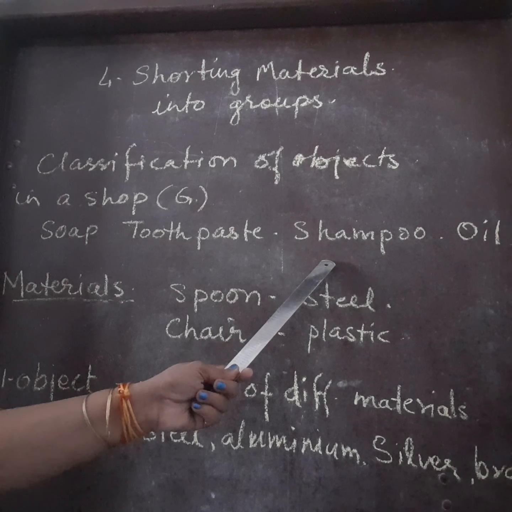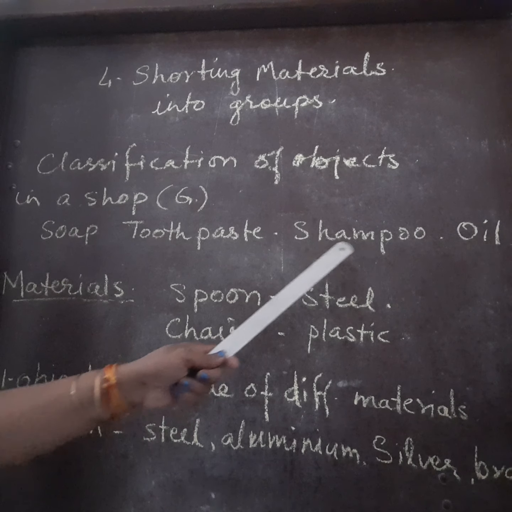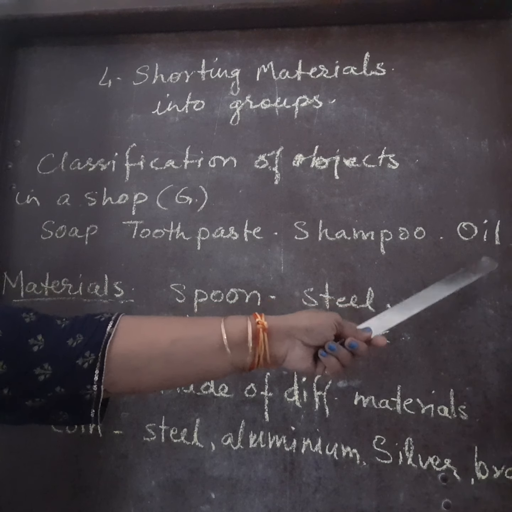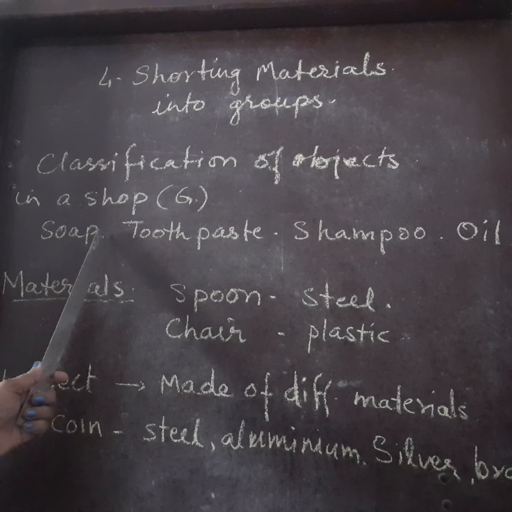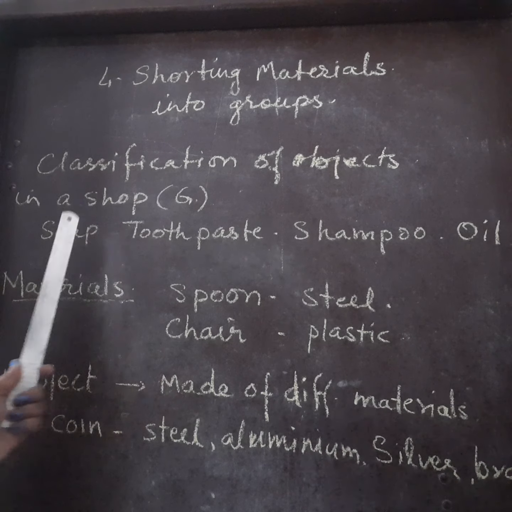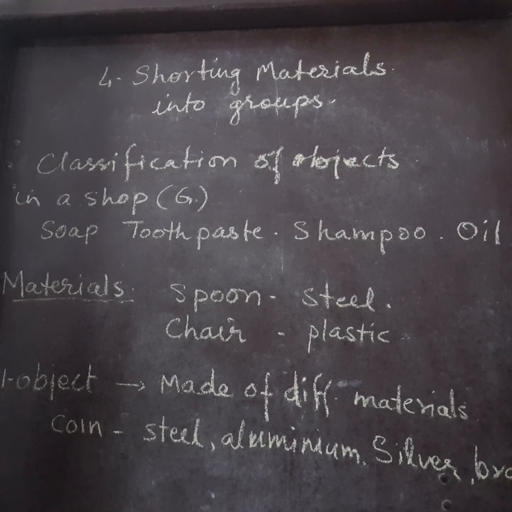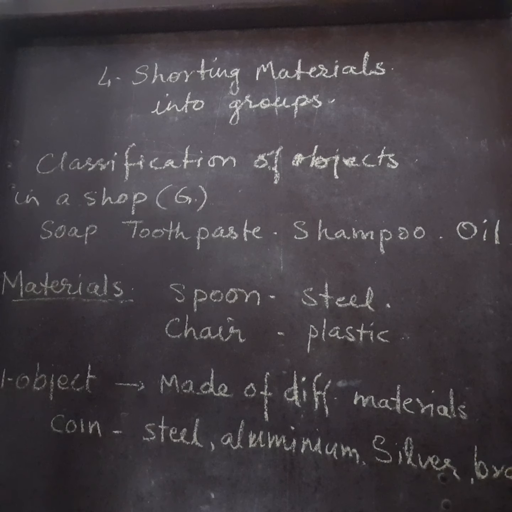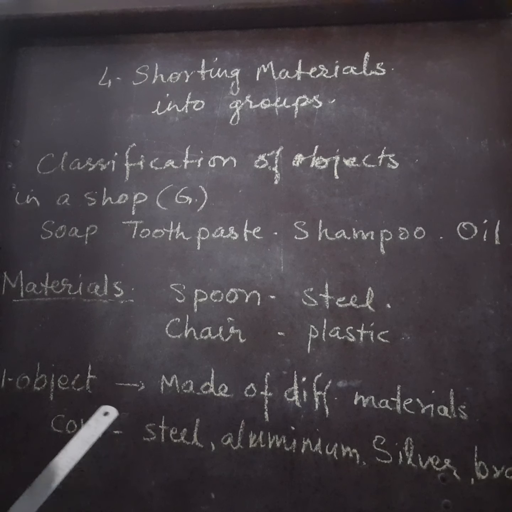Another column may be having the different types of shampoos arranged, and another column may be having oils of different kinds at the same place. So this is the classification on the basis of their utility. First is soap, second toothpaste, shampoo and oil. So these are arranged and kept properly in the shops so that it becomes easy for the shopkeeper to provide you the needed thing easily.